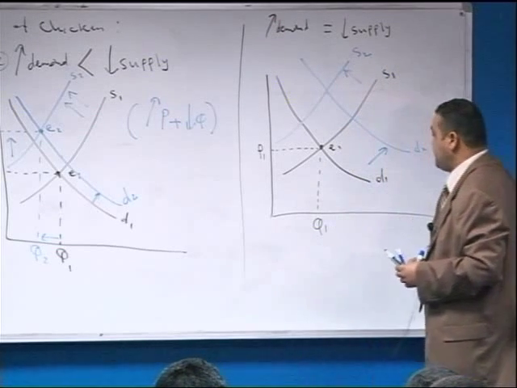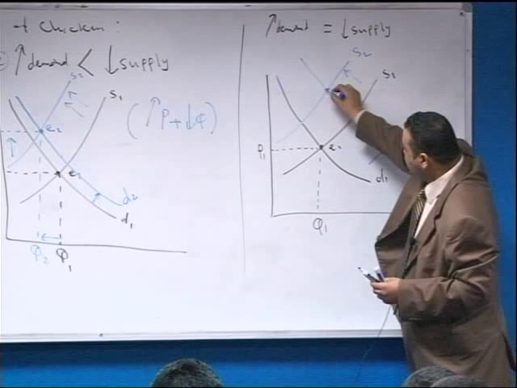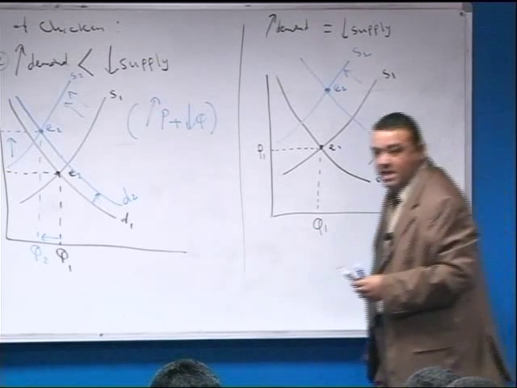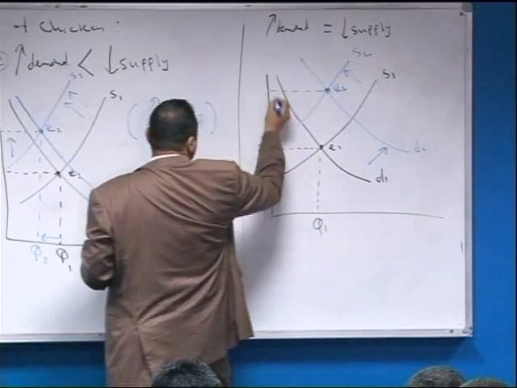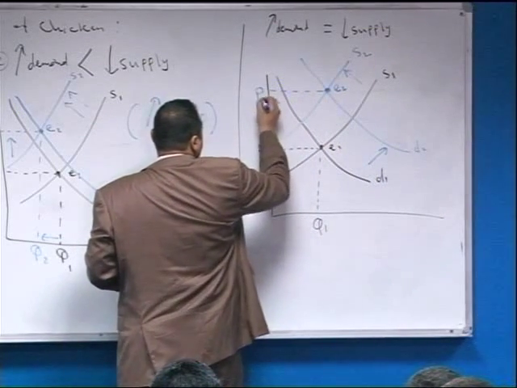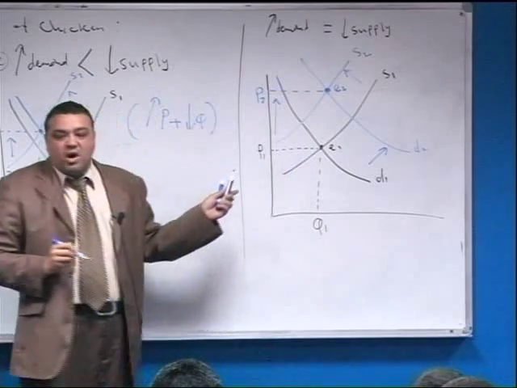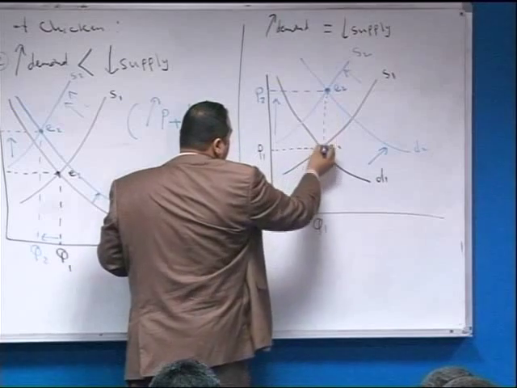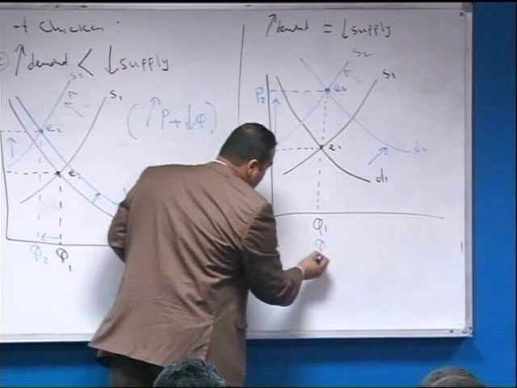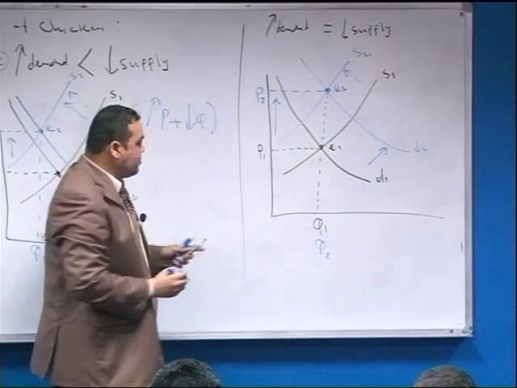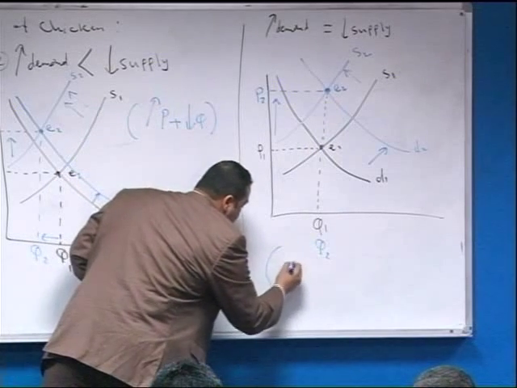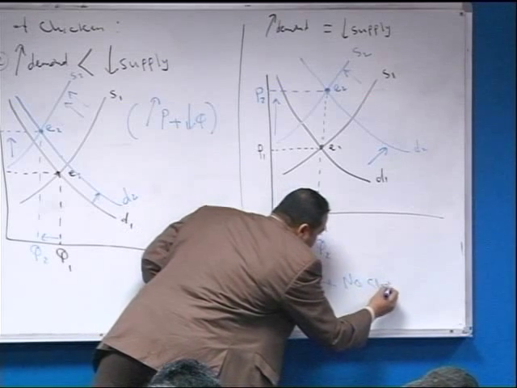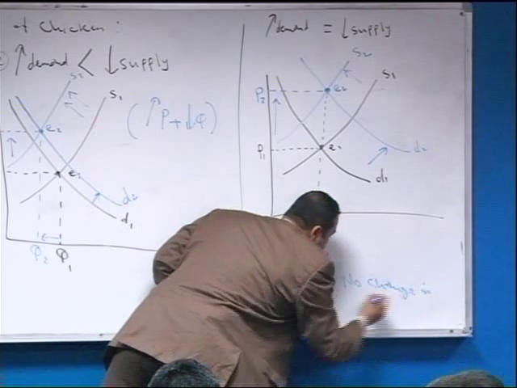So we have a new equilibrium point, E2. In this case, the price would increase from P1 to P2, and the quantity is constant, Q2. So the final result is an increase in price plus no change in Q.